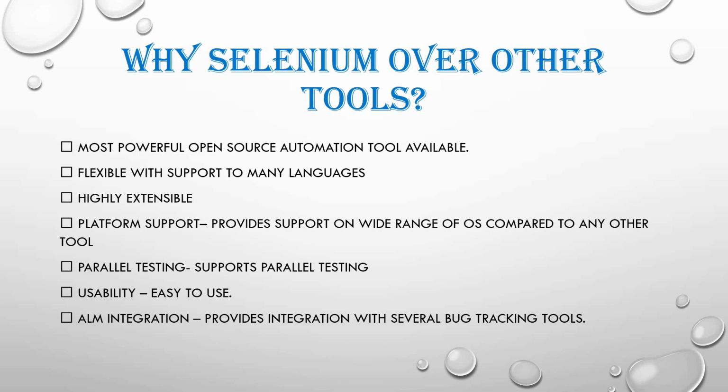It provides a wide range of support to different platforms as compared with other tools. It supports parallel testing, which is a very unique feature. It is easy to use and it provides integration with different defect tracking tools like ALM, Quality Center, and Jira. So that's all about the first tutorial.